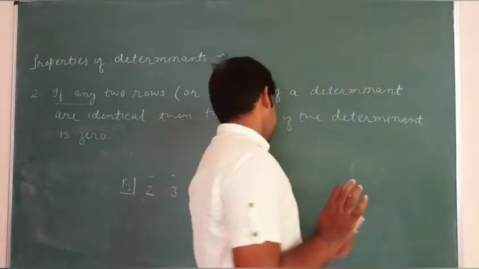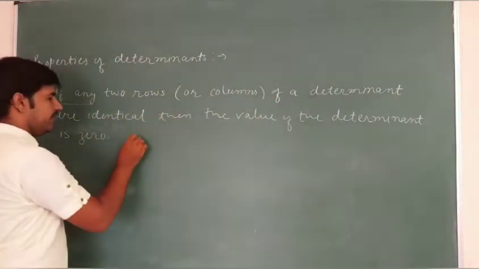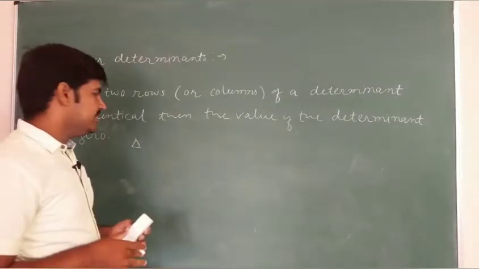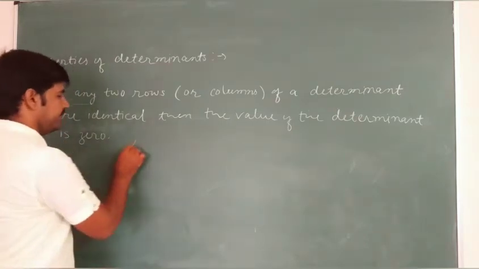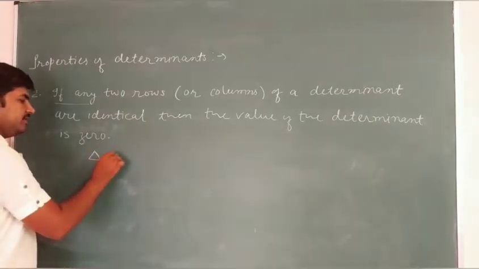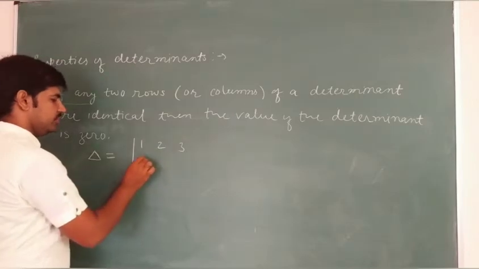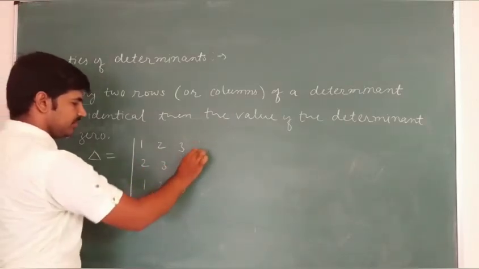We can quickly prove this particular sentence, students. Suppose we have del as a determinant. We will verify this by taking an example. Here 1, 2, 3, 2, 3, 4, and this is 1, 2, 3.